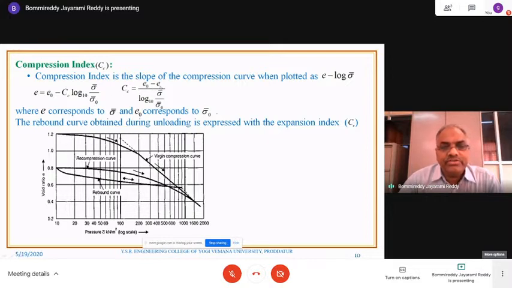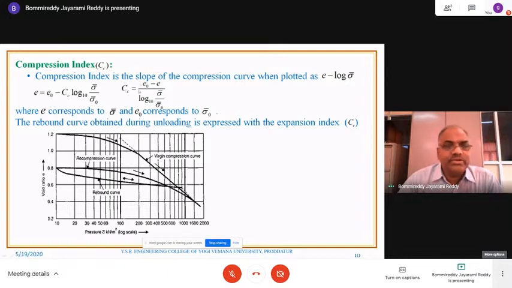So e naught minus e divided by log of sigma 1 minus log of sigma 2, which means log of sigma by sigma naught. So initial void ratio, initial pressure, and final void ratio, final pressure. So this is the relation. This Cc is called the compression index, which is the slope of the virgin compression curve.